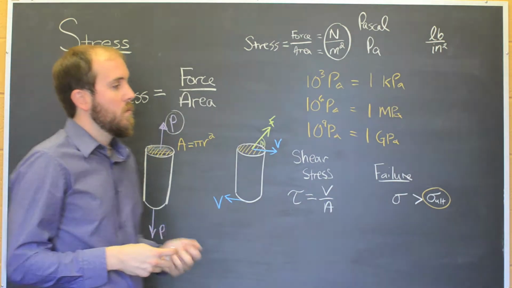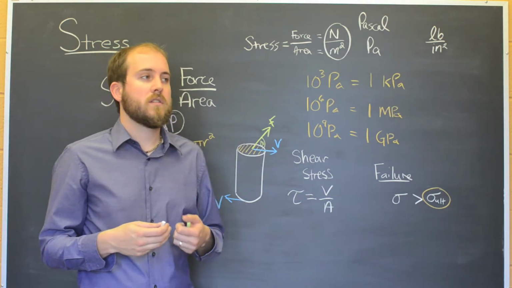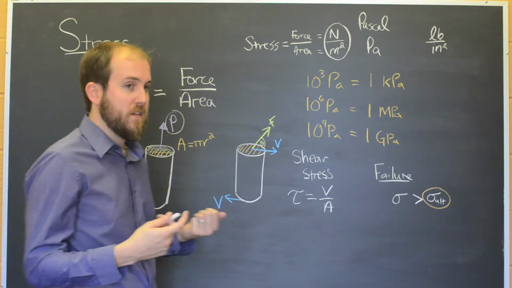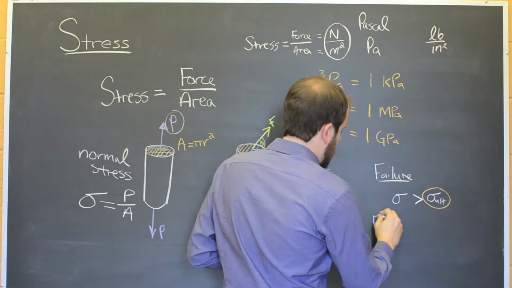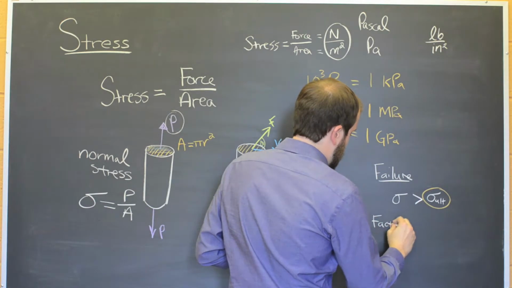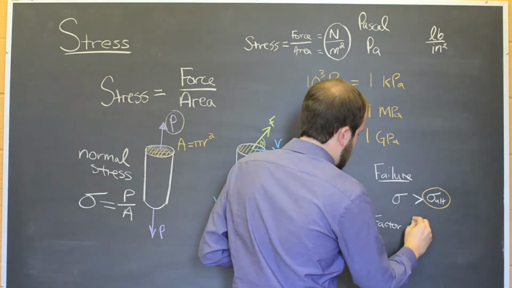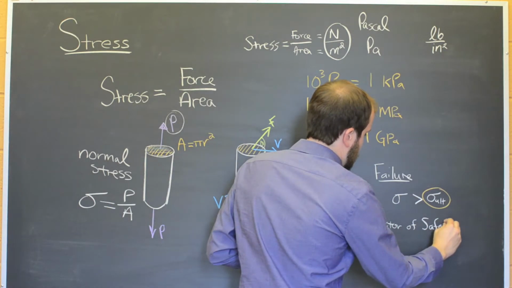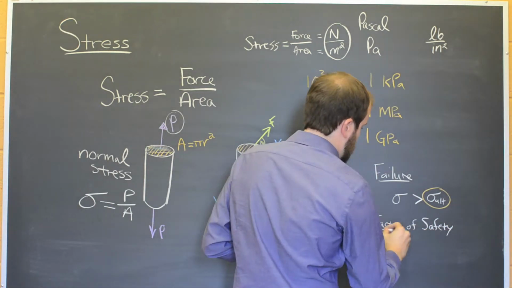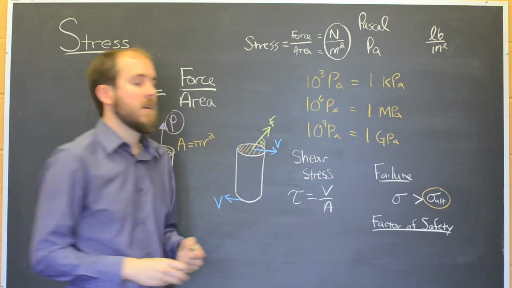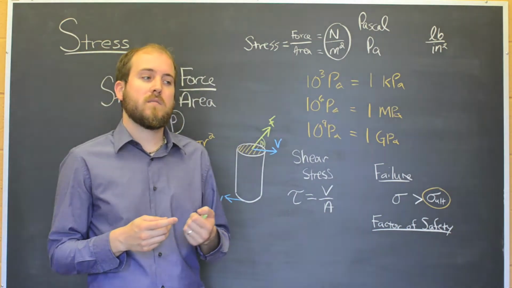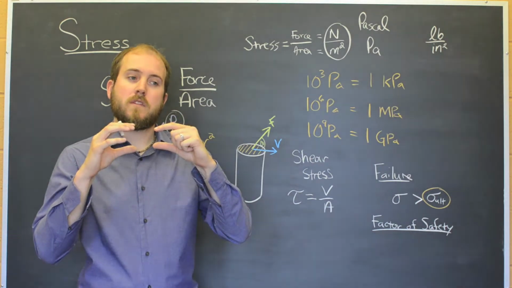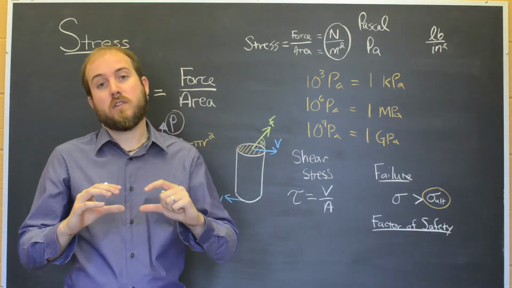And so one of the metrics we use in order to design structures in a safe manner is what's known as a factor of safety. And this factor of safety is a measure of the failure stress of the material to the applied stress of the material.